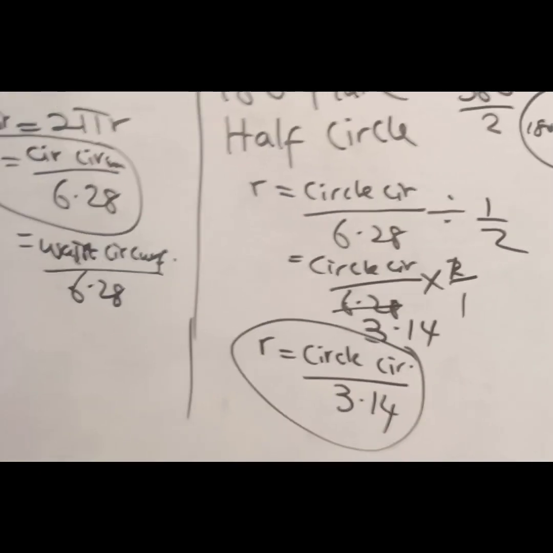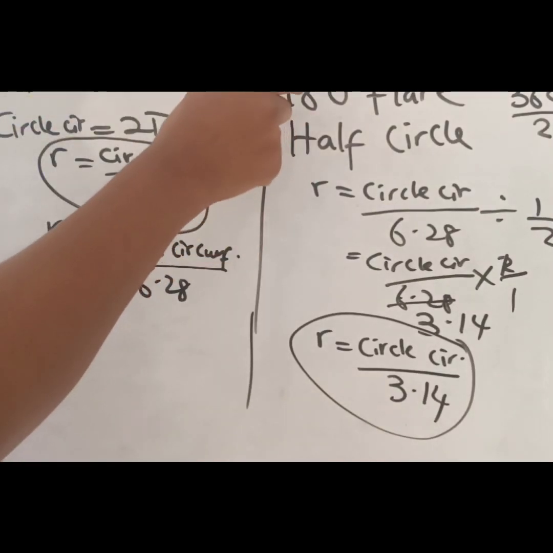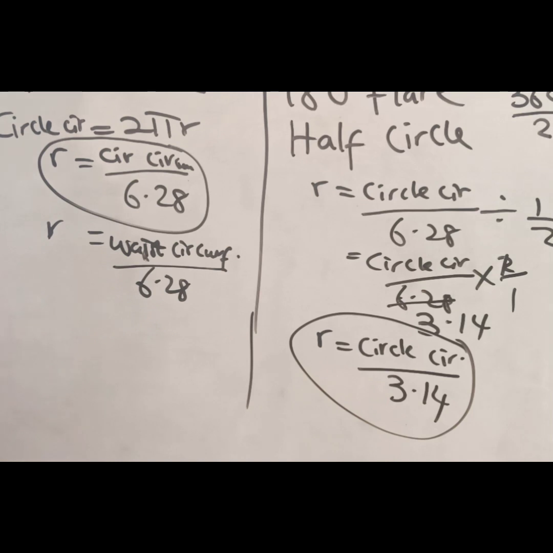So that is the difference between the full circle, which is 360 degree, and 180 degree flare. So just know that when you want to cut a full circle, you are going to be dividing wherever you want to place that flare by 6.28. In the example we are going to be looking at shortly, we are looking at waist circumference.